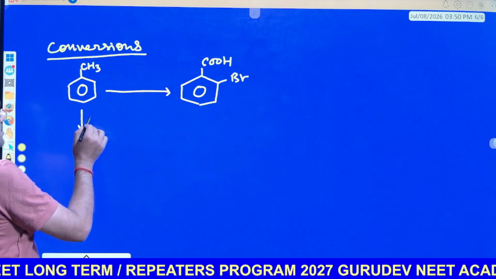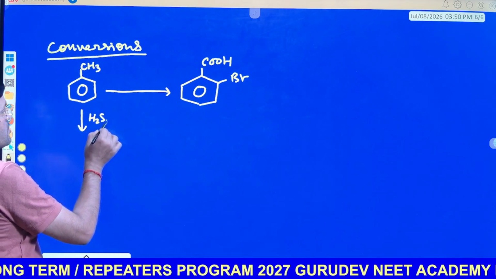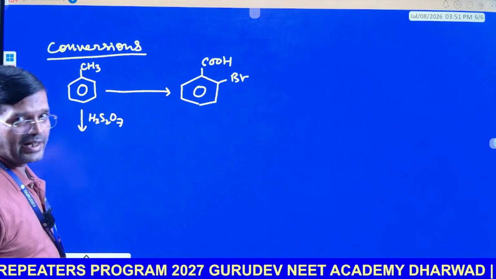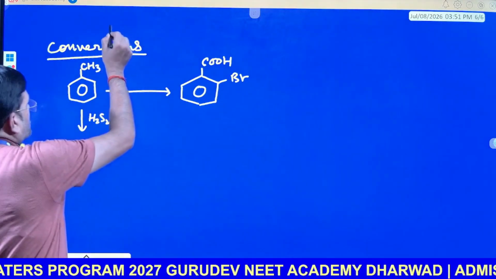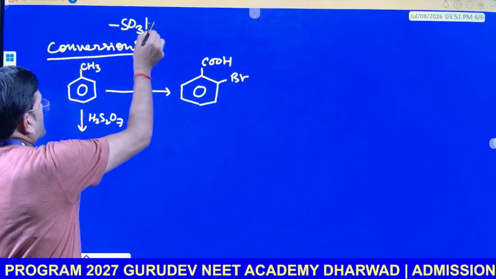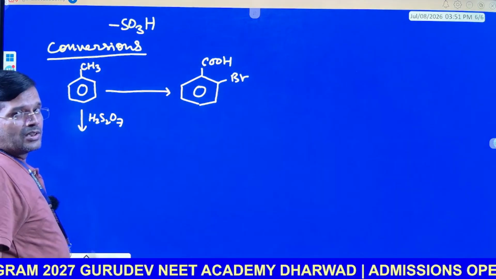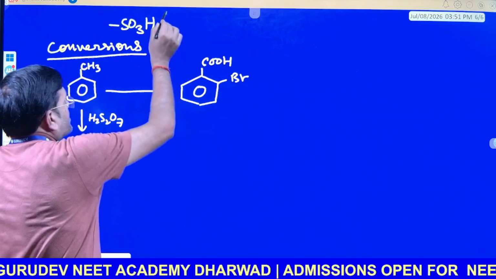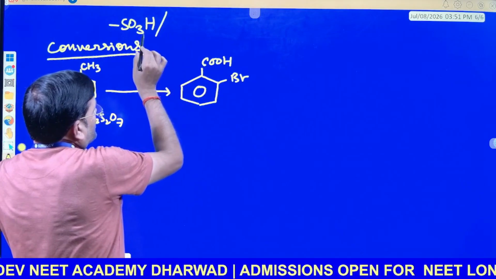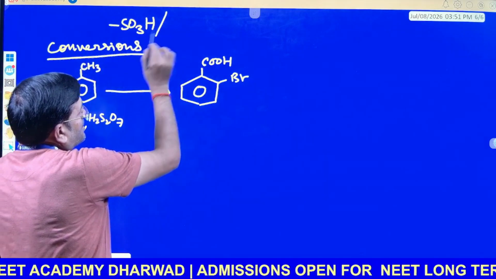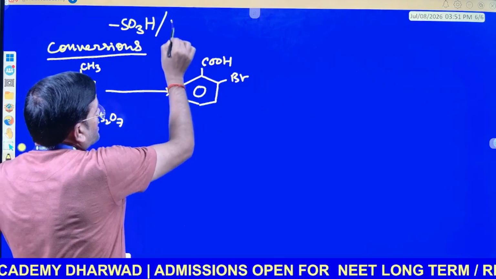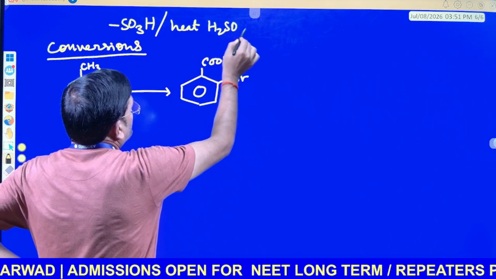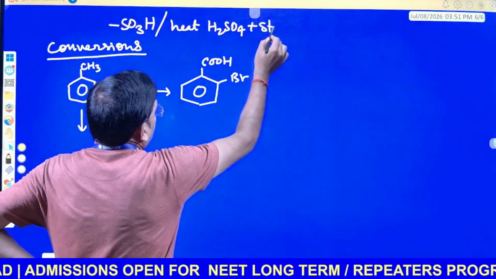So H2S2O7. Actually, SO3H is used to block the para position and can be removed. This is the insertion at para, and if you want to remove this one, it has to be heated with H2SO4 and steam.